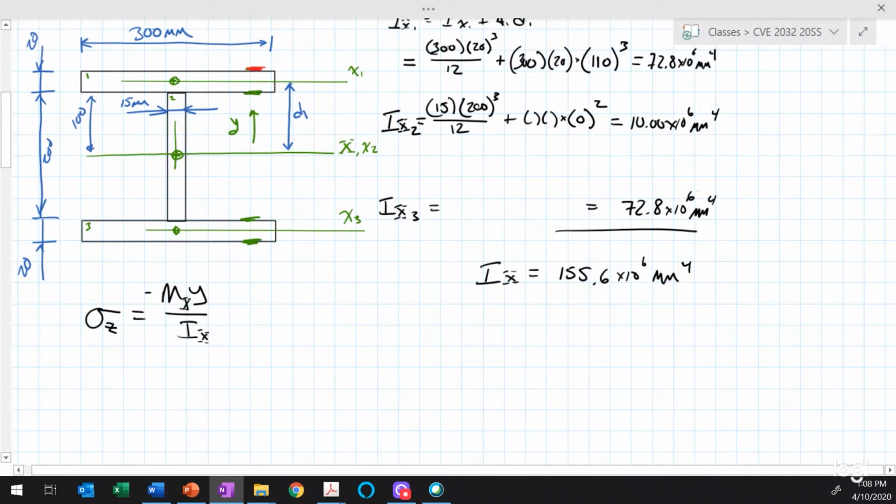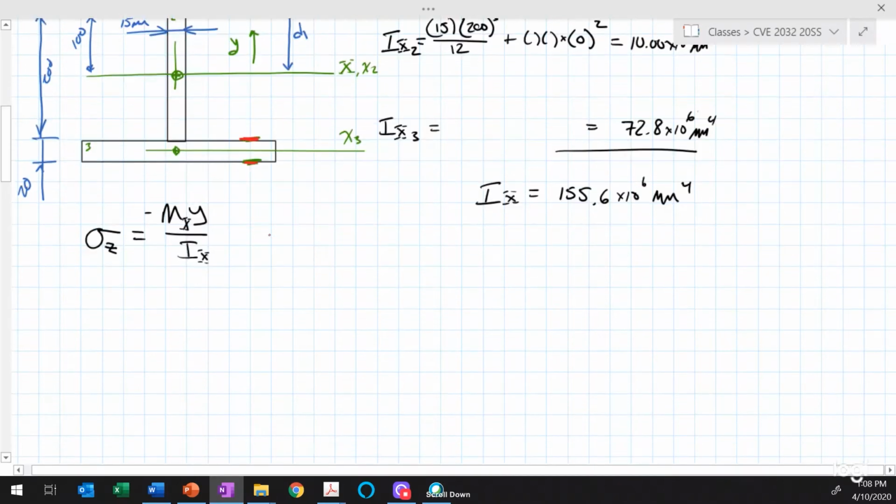For the bottom of the top flange, I'll put in 100 millimeters. For the stress at the top of the bottom flange, I'll put in y equals minus 100. And for the stress at the bottom of the bottom flange, I would put in y equals minus 120 millimeters.